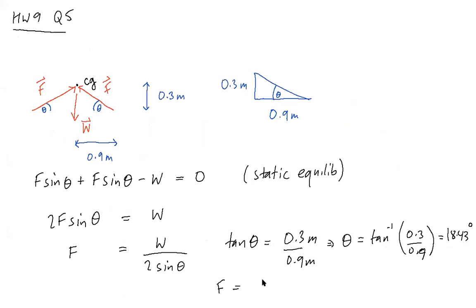So we'll put 700 newtons divided by 2 times the sine of 18.43 degrees.